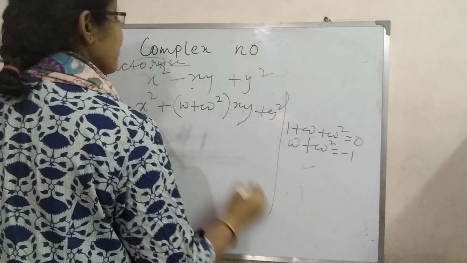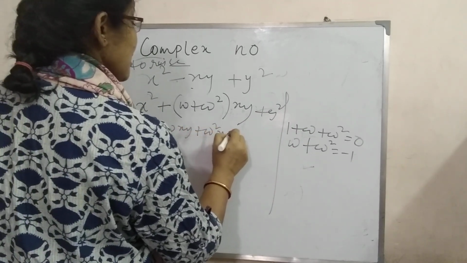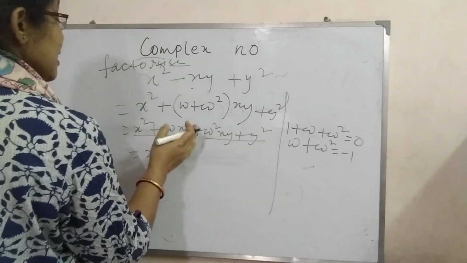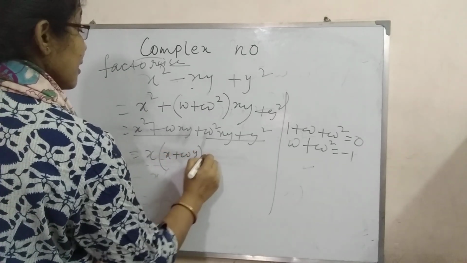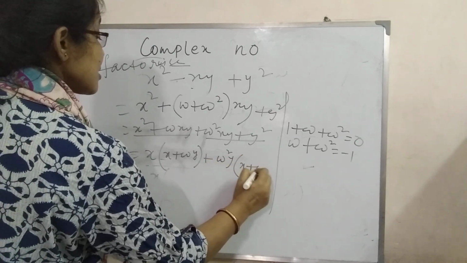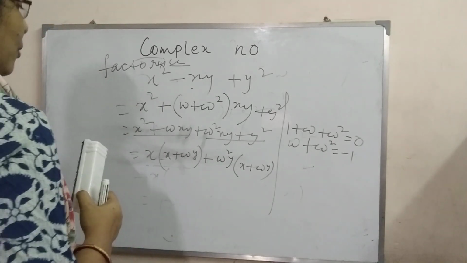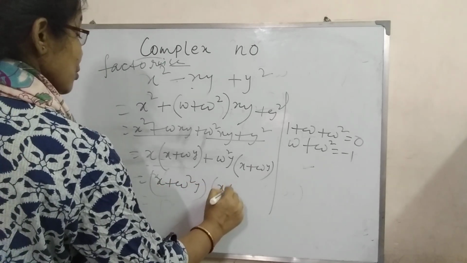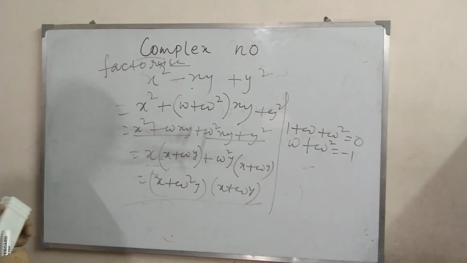So x square plus omega xy plus omega square xy plus y square. I am grouping these two: x plus omega y, and x plus omega square y. This is equal to (x plus omega square y)(x plus omega y). These are the two factors of this factorization.